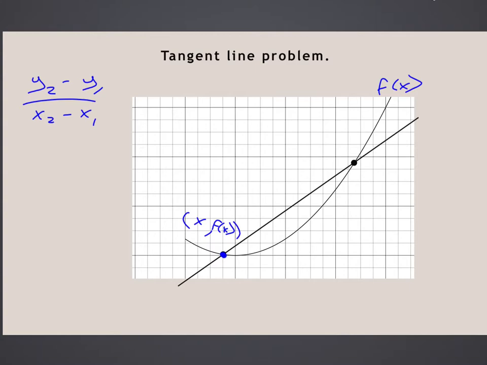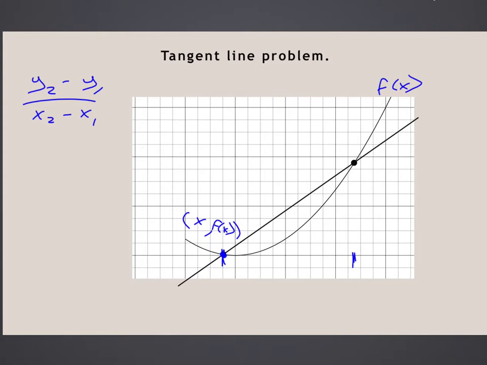Now, how is this x value right here related to this x value? How is the x value on the right related to the x value on the left in size?